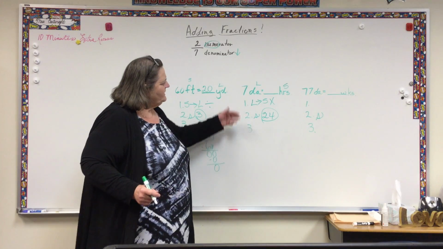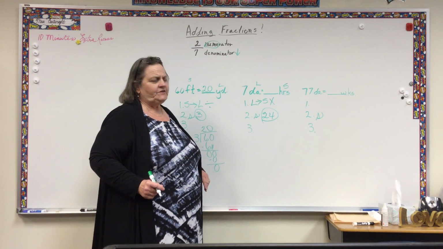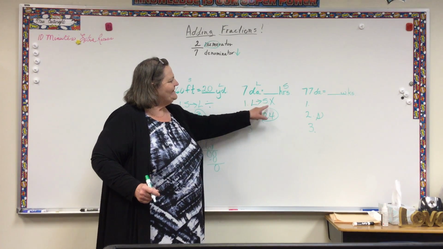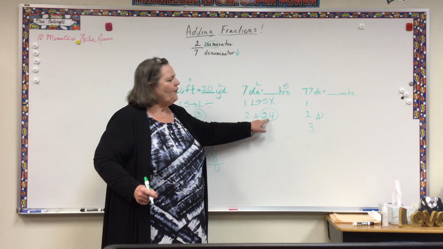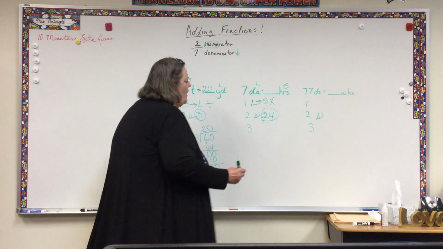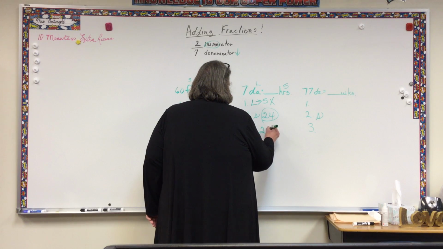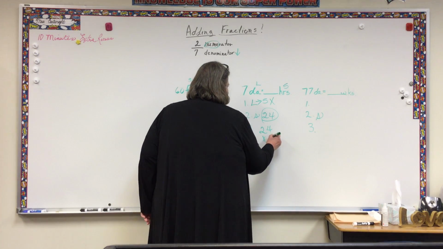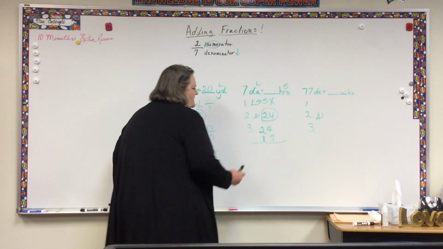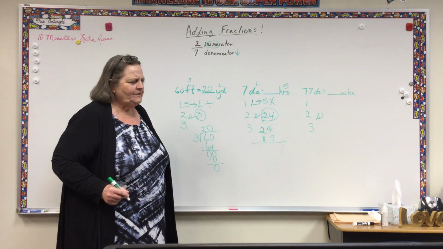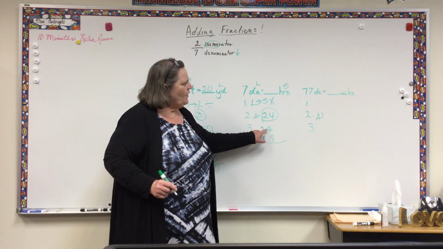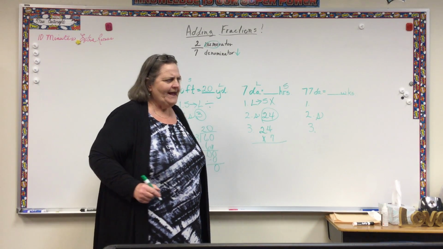So now we can just look at this and it tells us exactly what to do. 7 times 24. Do you see that? So you're always going to write the larger number on the top times 7. Does everybody see that? 7 times 4 is 28.